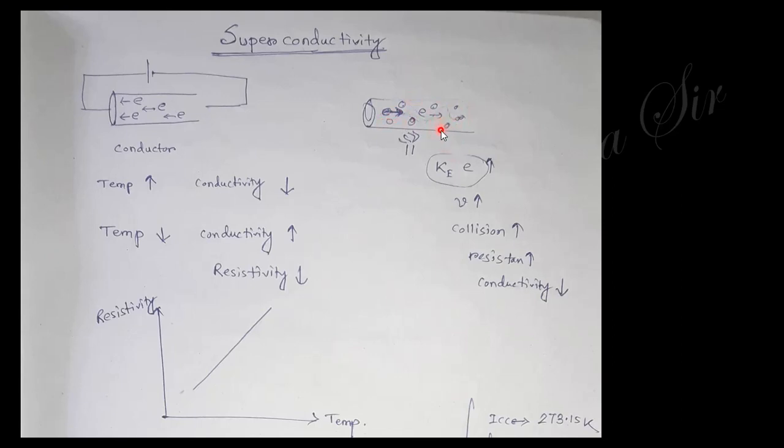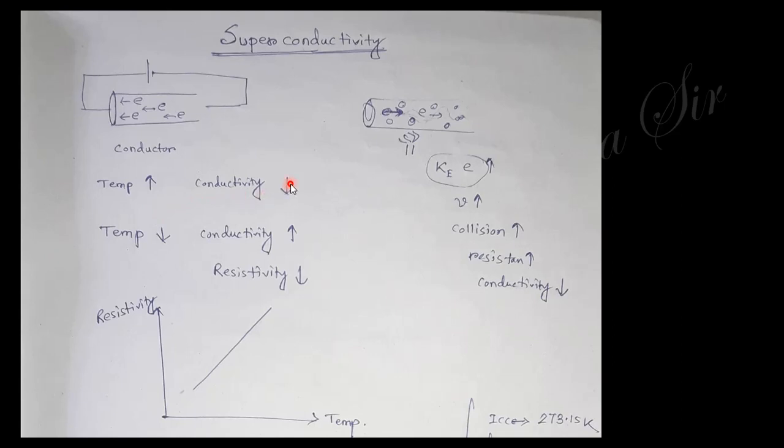So the collision probability will be increased, and due to collision the resistance of this conductor will be increased, that means conductivity will be reduced. So with increasing temperature, the conductivity of the metal decreases.